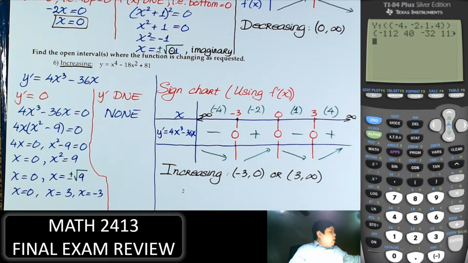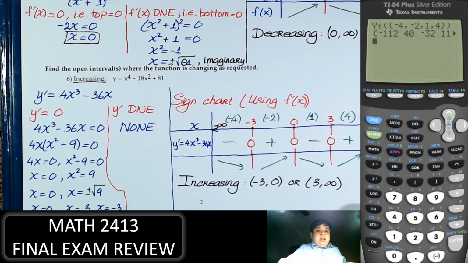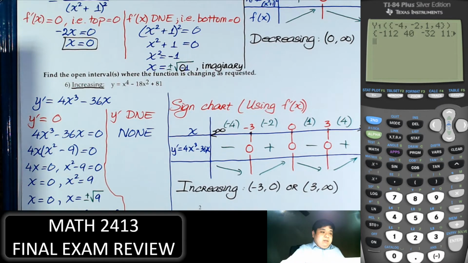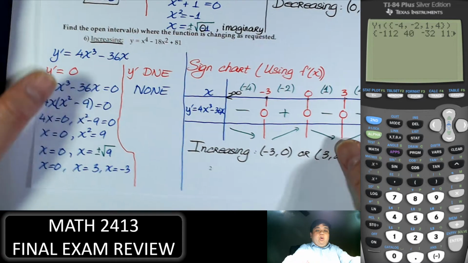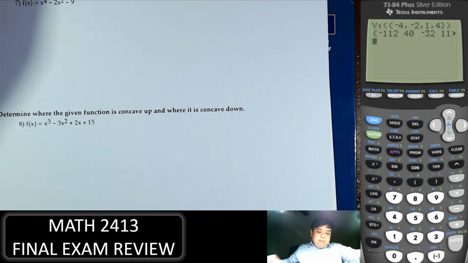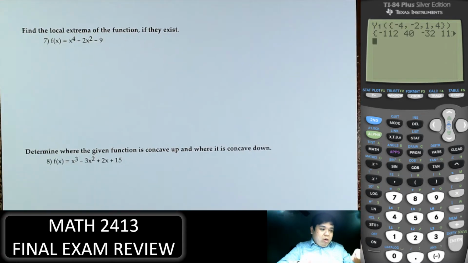Right, so that is how we find the interval where the function is increasing or decreasing. Increasing is where the derivative is positive. Decreasing is where the derivative is negative. Of course, from there we can find local max and local min, which is what we have here.